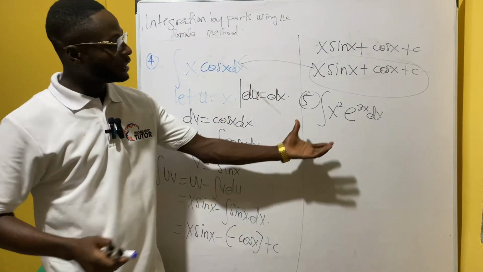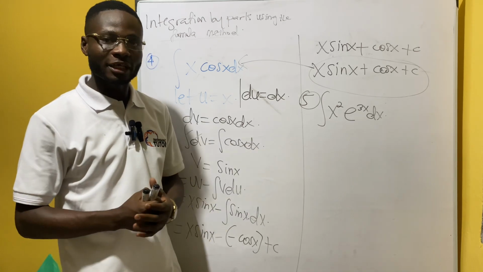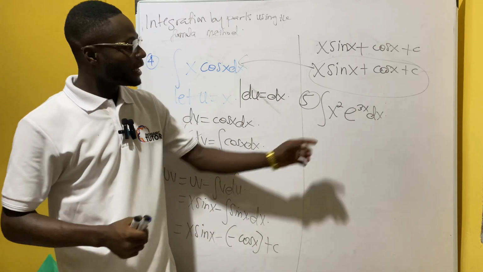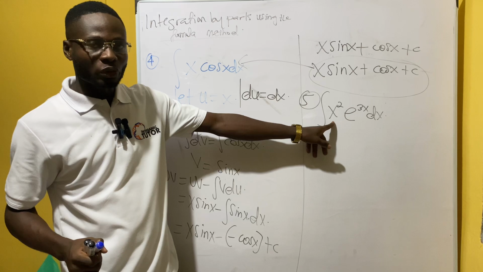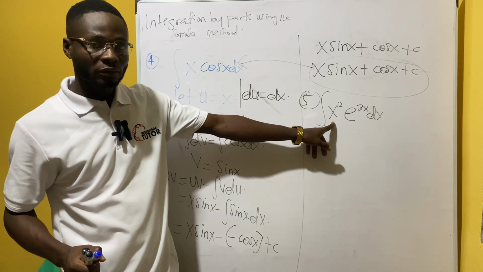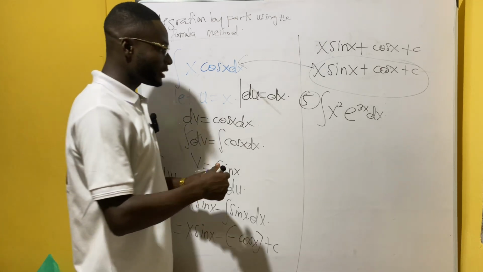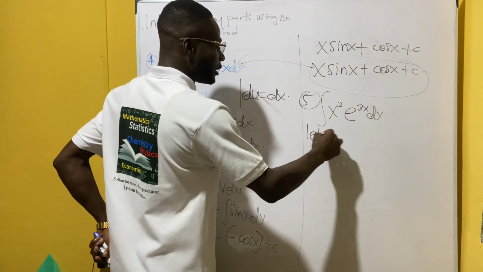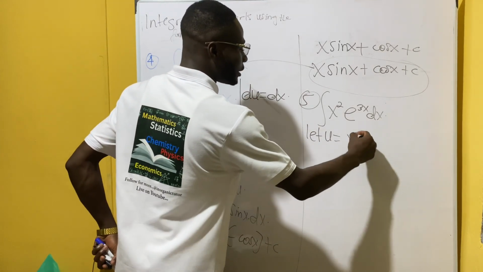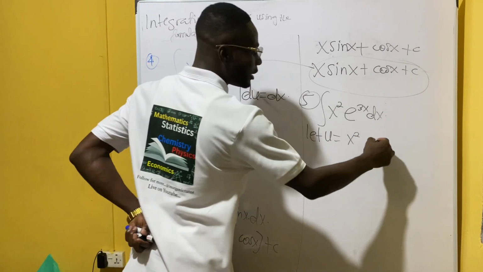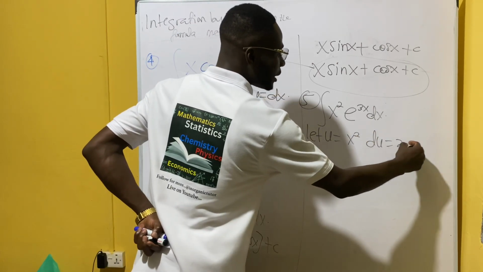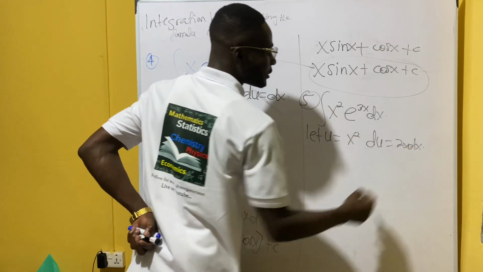Looking at the techniques that we learned, it means that our x squared will represent our u. So we know that our u is equal to x squared, and so du will be equal to 2x dx.